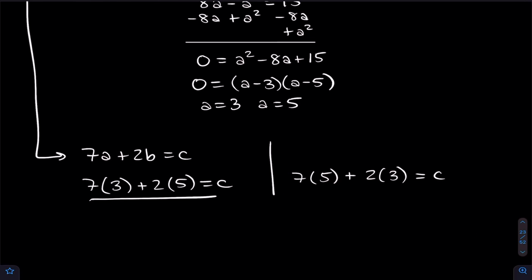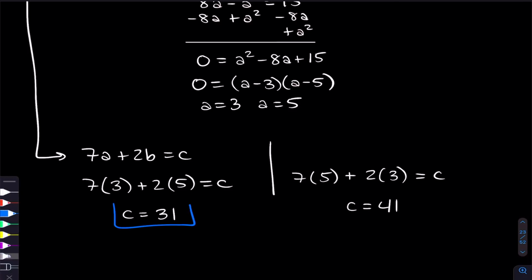So from here, you're going to get 21 plus 10, that's 31. And from here, you get 35 plus 6, that's going to be 41. And so that gives you the answer of choice D, which I'll go back up and show you in a second.